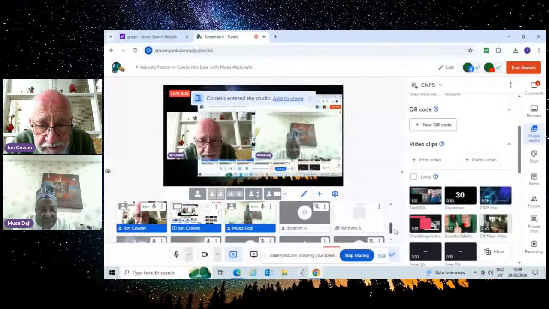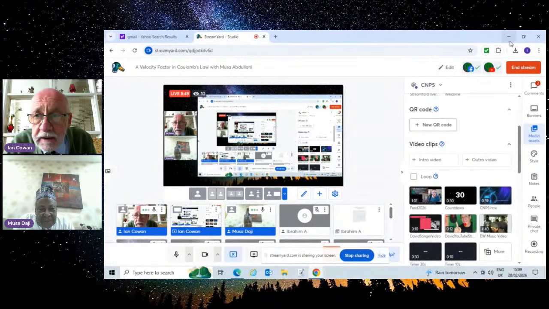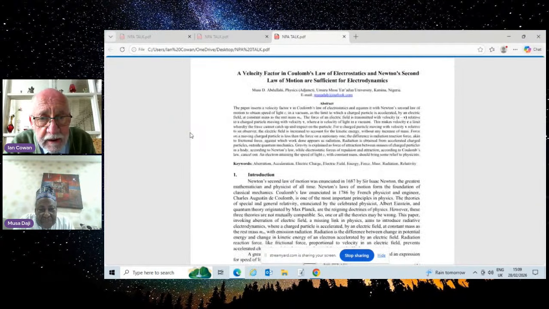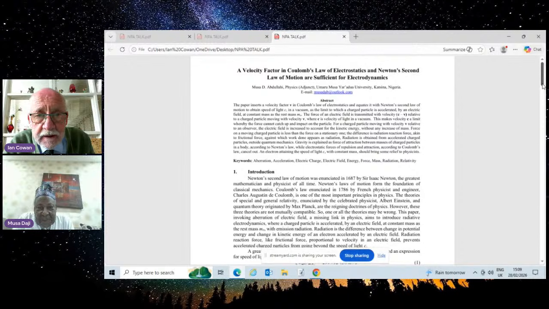I have to share my screen. I thought what I did previously would have been retained, but I have to do it again. There's no problem. Entire screen. Now I have to bring up share. I have to bring up your abstract or your paper. Slide number 1. Can you see it there, Musa? There's a paper, yes. Okay.